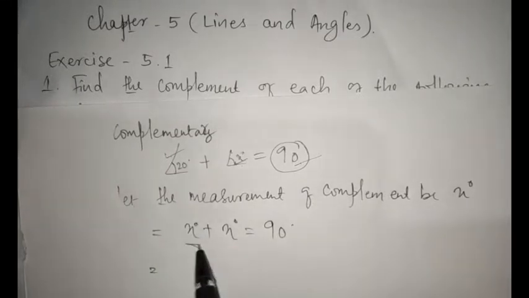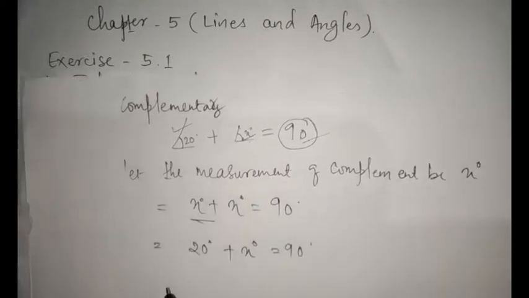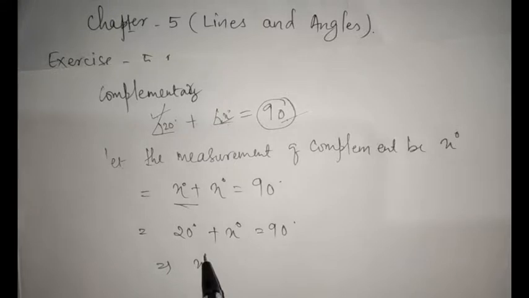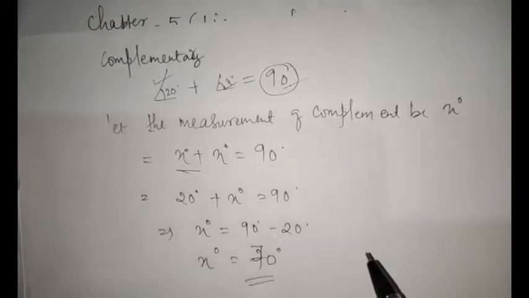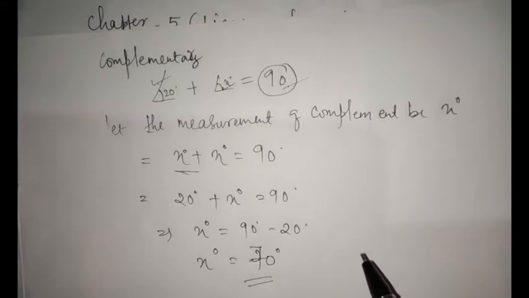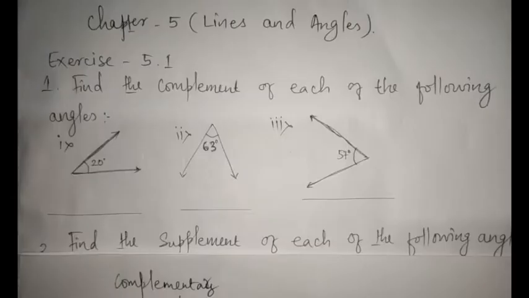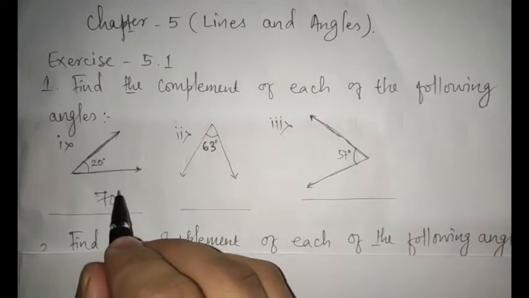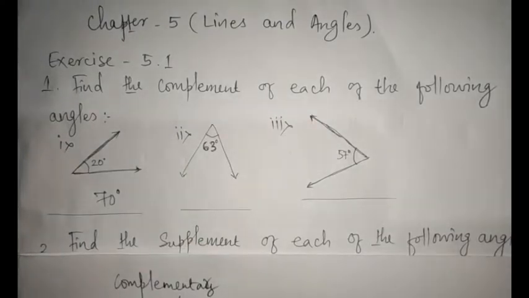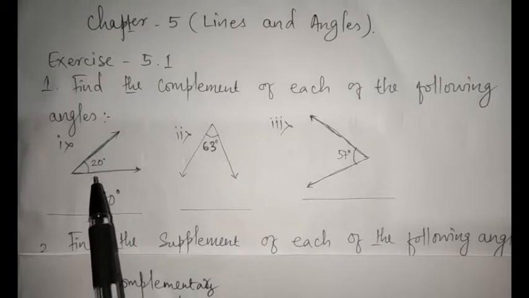One angle is known, so we write 20 degrees plus x degrees is equal to 90 degrees. So x degrees is 90 degrees minus 20 degrees, which is 70 degrees. So the other angle is 70 degrees. Just write this: the complement of the given angle is 70 degrees.